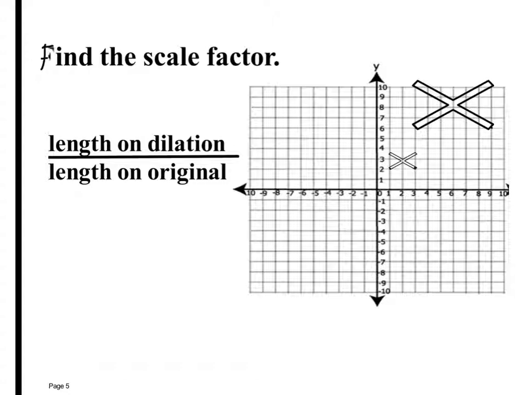This example, it says the dilation is the larger one. Right, make sure you're paying attention because that's going to matter in your scale factor. If you use the smaller one as dilation, you're going to get the wrong answer. So let's say the dilation, the image, the new one, is the larger one. What we do is we find the length of it on the x-axis.